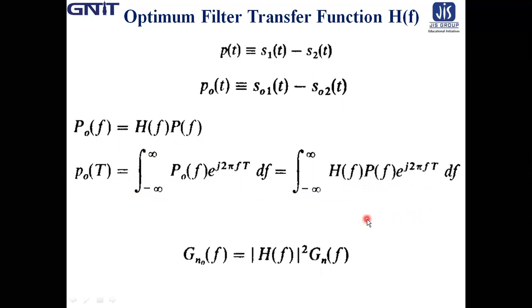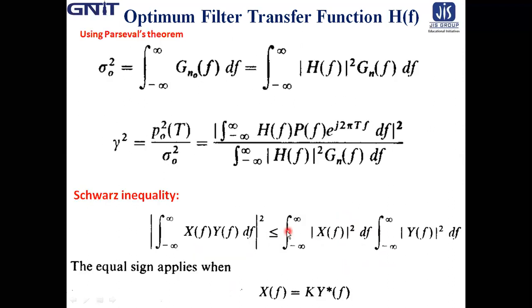The input noise to the optimum filter is n(t). The output noise n0(t) has a power spectral density Gn0(f) and is related to the power spectral density of the input noise Gn(f) by Gn0(f) equal to |H(f)| whole square into Gn(f).